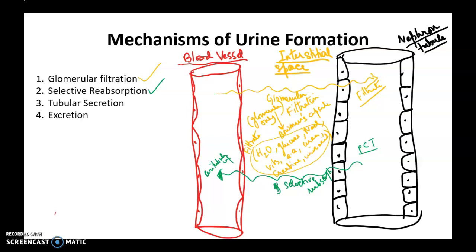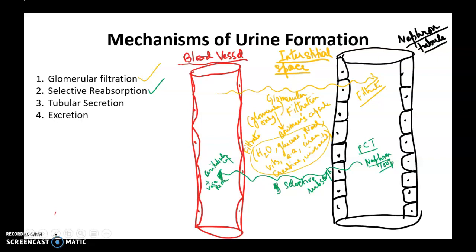Now, selective reabsorption also takes place from the nephron loop to the peritubular capillaries and vasa recta. Then there are specific areas of the nephron tubule called distal convoluted tubule. It is at the distal convoluted tubule, and also actually other parts of nephron tubule we have the same thing going on.